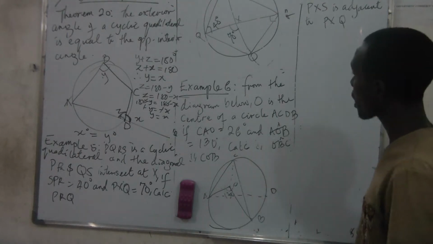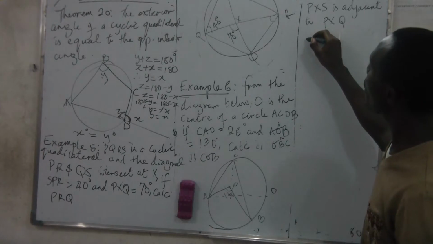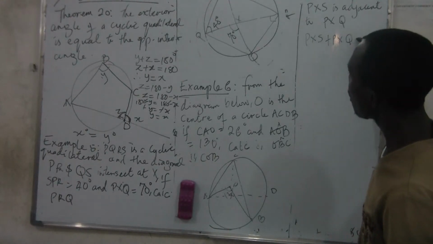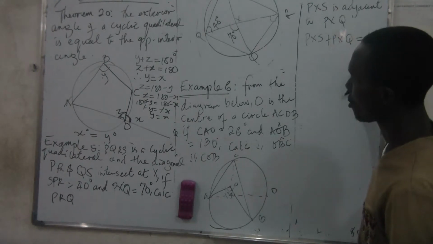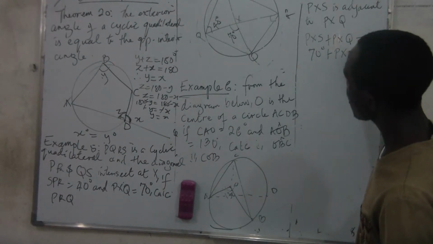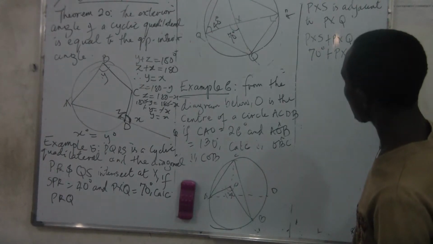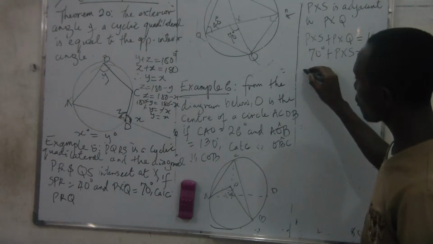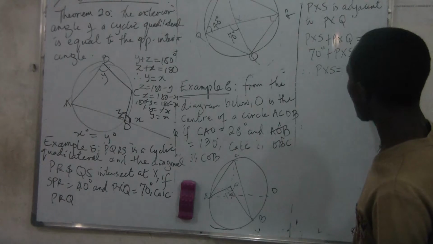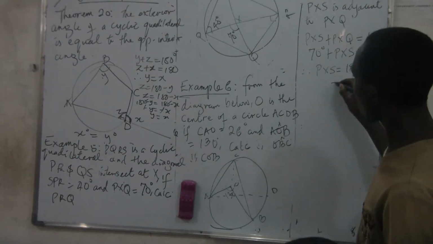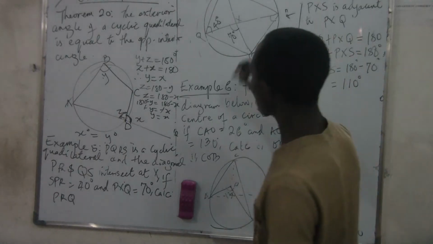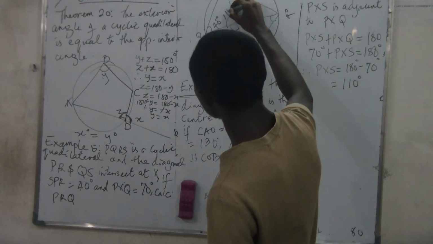That's the sum of angles in a straight line. So we can say that PXS plus PXQ is equal to 180 degrees. That is 70 degrees plus PXS is equal to 180 degrees. Therefore, PXS is 180 degrees minus 70 degrees, which is equal to 110 degrees. So that means this angle is 110 degrees.